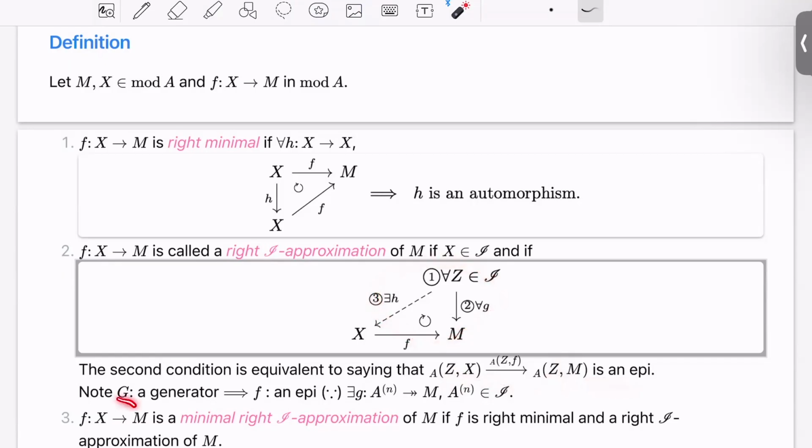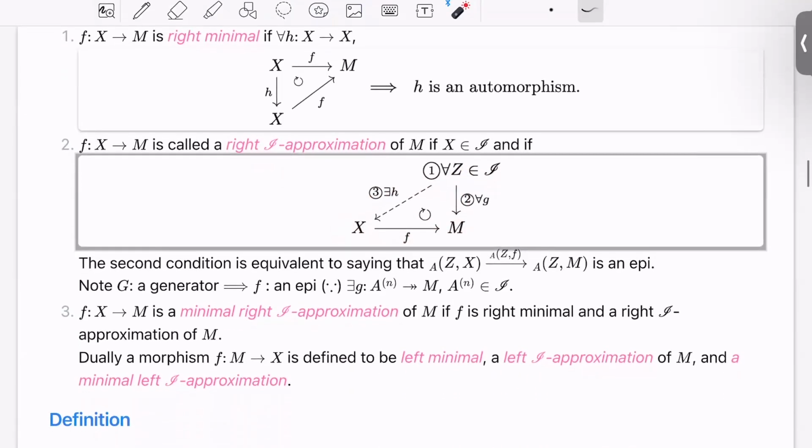And note that if G is a generator, then this F automatically becomes an epimorphism again, because G is a generator, so we have some epimorphism from the object Y to the N in I. Factoring through an epi means that F is an epimorphism.